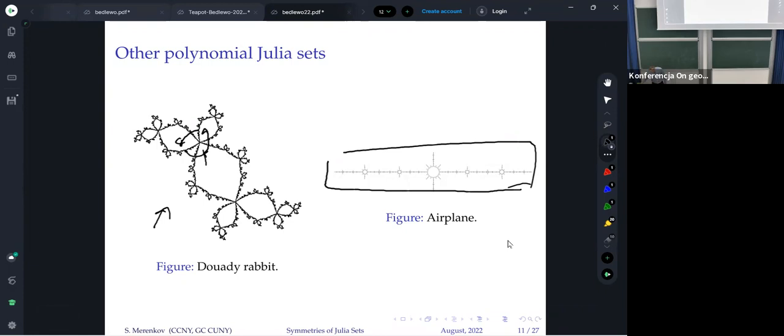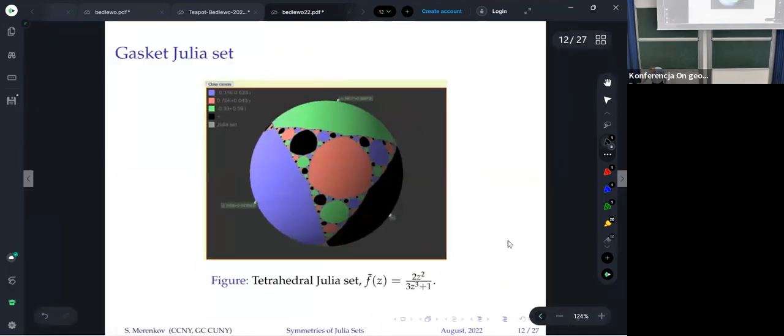Okay, so we now move to the last topological type of Julia sets that we considered, the Gasket, Sierpiński Gasket Julia sets. And there is a subtlety here that I will talk more about. You can see that this is F bar, so this is complex conjugate.